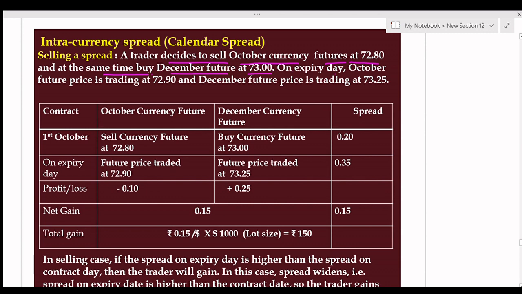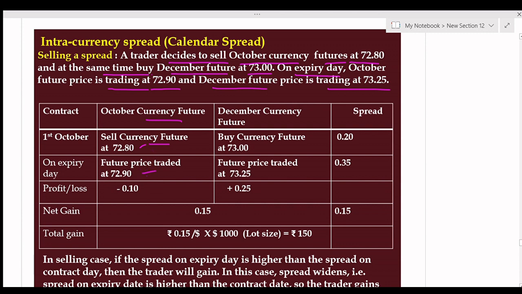On expiry day, the October future price is trading at 72.90 and the December future price is trading at 73.25. Now, the October currency future: sold the currency future at rupees 72.50 and on the expiry date the future price traded at 72.90.